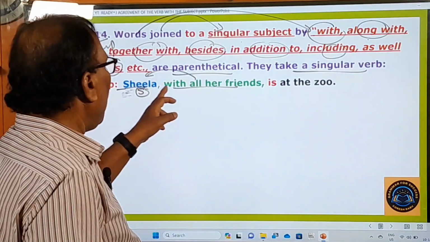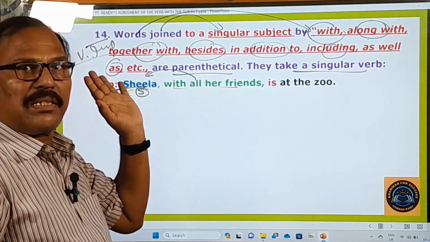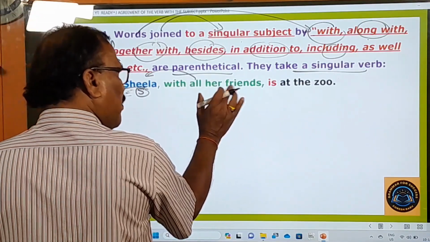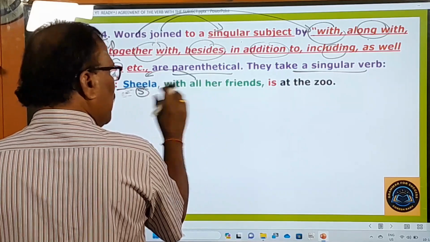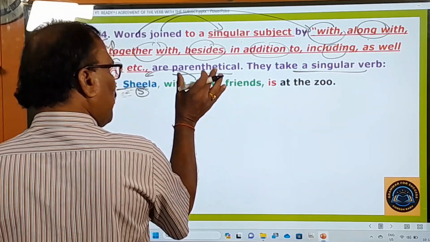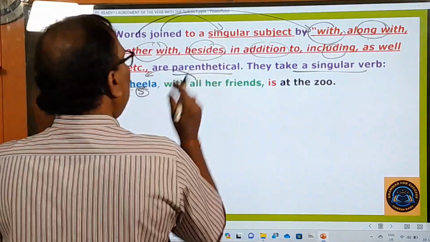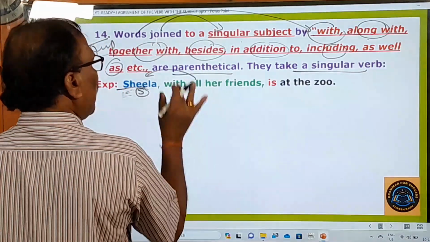They say, Sheila with all her friends is at the zoo, like that. Actually, these additional words, additional information giving words, must be separated by commas. They are parenthetical. But that is the thing that people are not doing. That's why the confusion is on.